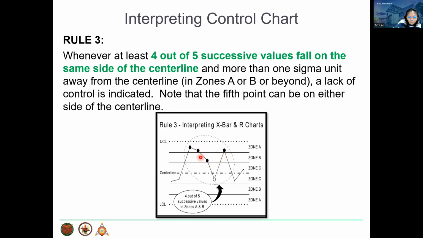So for example, 1, 2, 3, 4, 5. Out of those 5 observations, 4 of them are on the same side of the center line, and they are in zones A and B.